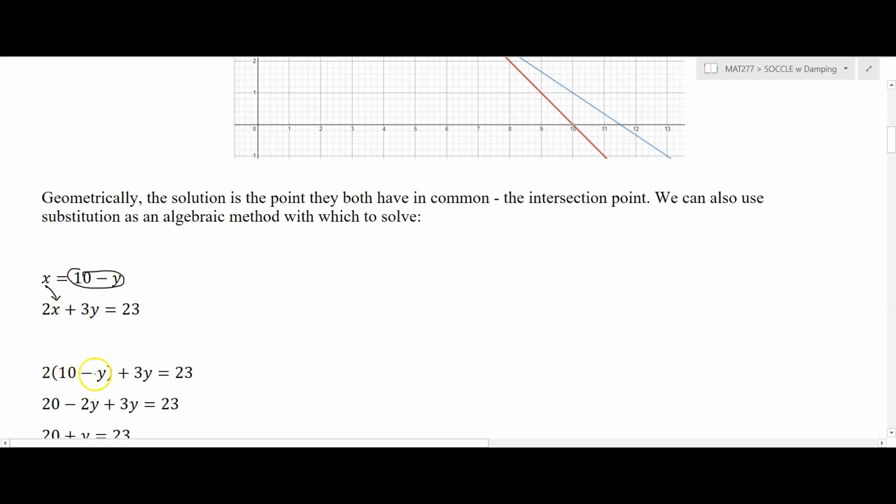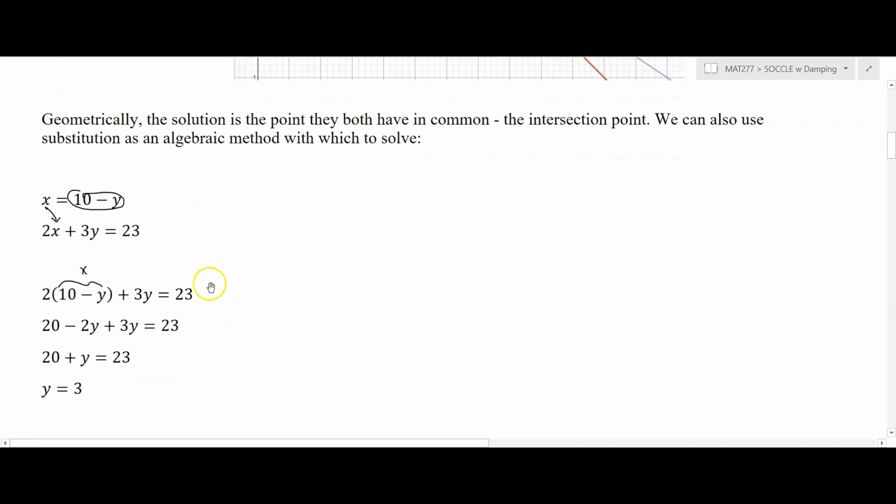2 times x, so this is 10 minus y. And now you can see that we've obtained an equation that only depends on y. So we do some distribution: 20 minus 2y plus 3y equals 23, which gives us 20 plus y equals 23, or y equals 3.